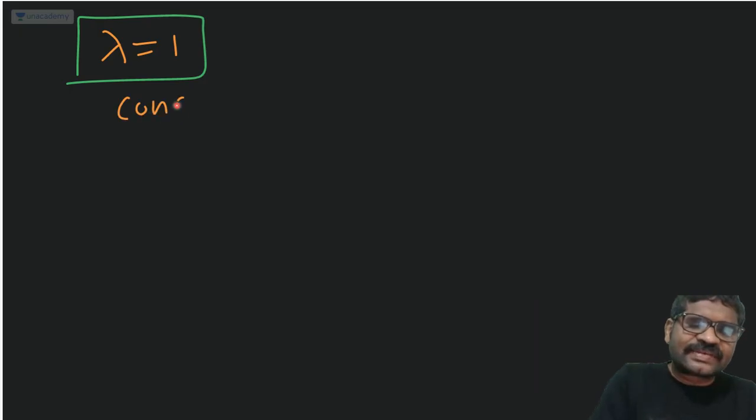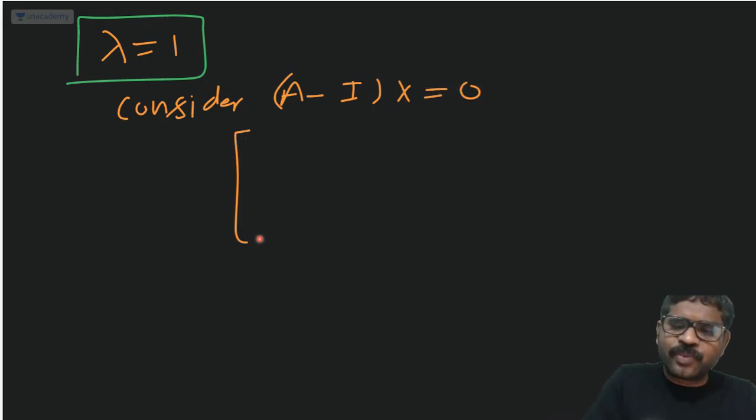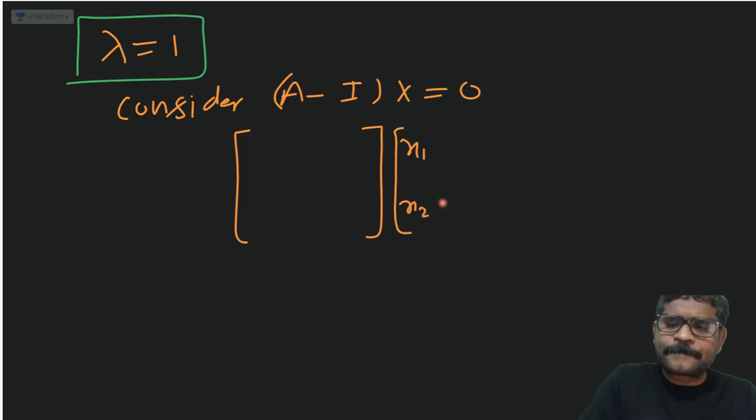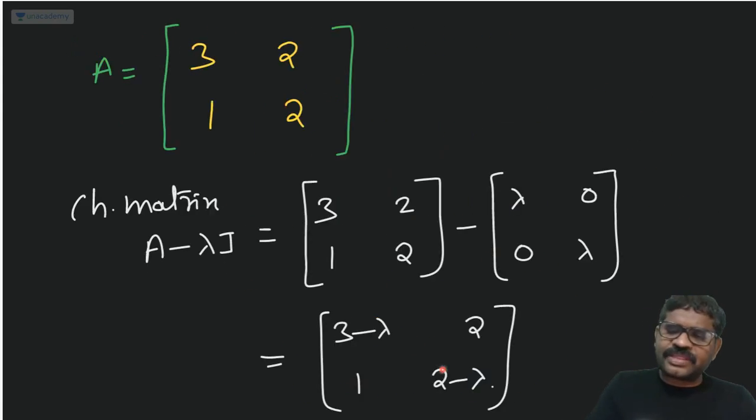Consider (A minus 1 I) x equal to 0. Put lambda equal to 1 in A minus lambda I. In the place of lambda, substitute 1.